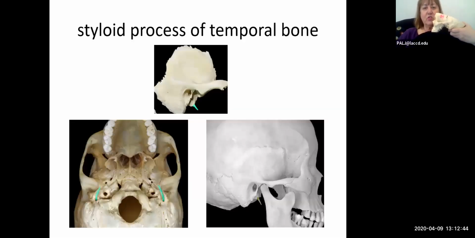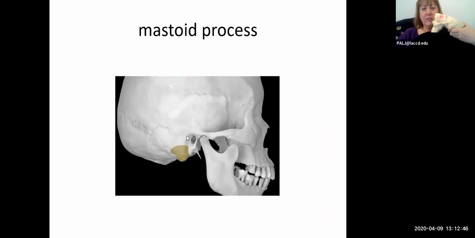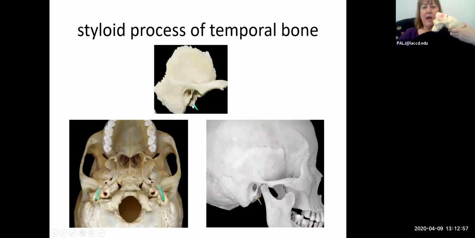Now for the next structure, let me go back to this picture. Find your mastoid process and go anterior. And you see the structure that's hanging down looking like an ice pick? That's where we're going next. And that little ice pick structure is called the styloid process of the temporal bone. And now this is like the third or fourth bone we've had that has a styloid process. On this one, it's broken off on that side so you couldn't see it, but over here's the mastoid process.